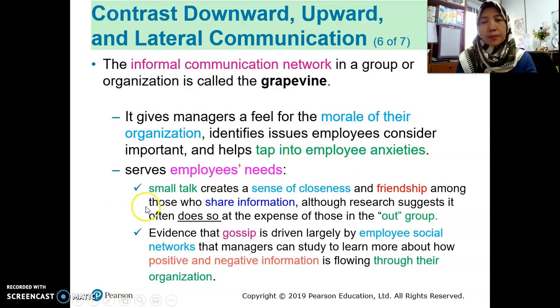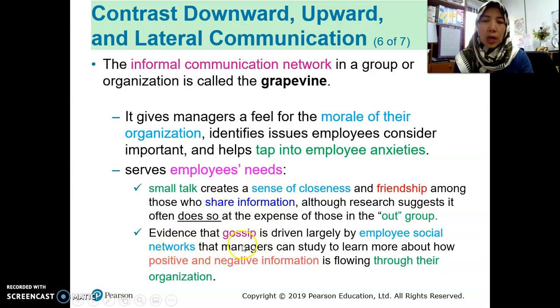Evidence also suggests that gossip is driven largely by employee social networks that managers can study to learn more about how positive and negative information is flowing through their organizations. So gossip also happens because gossip is quite common among employees or among anyone in the organizations or anywhere.